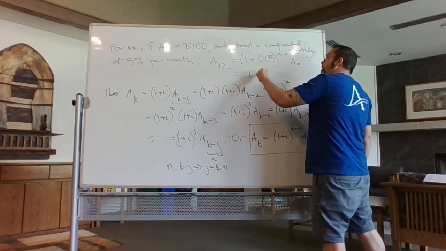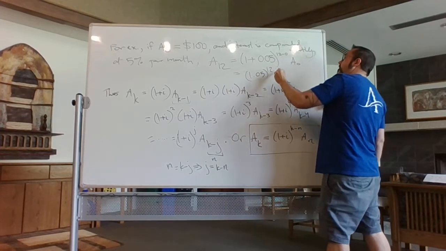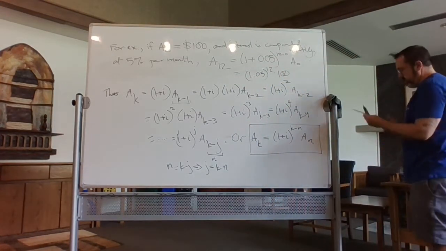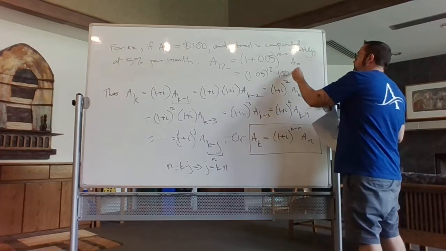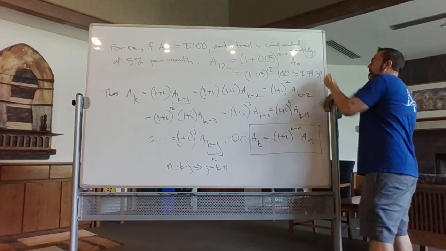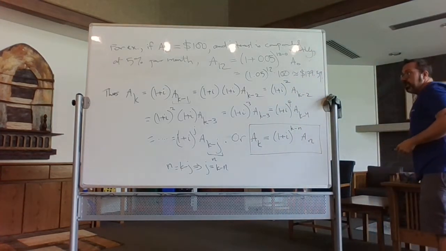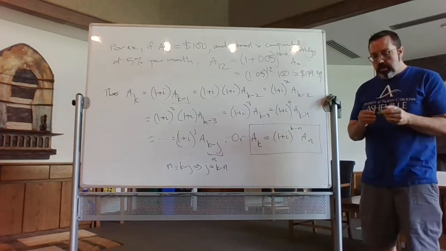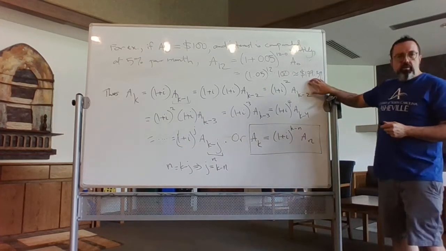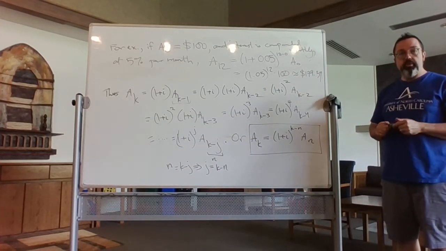Well, it's 1.05 to the 12th times 100, and I just plug this into a calculator to spare us the computations. This works out to be about $179.59. That's a pretty generous interest rate, but it does show that even with a fairly modest interest rate, you get pretty good growth if the compounding is done pretty frequently.